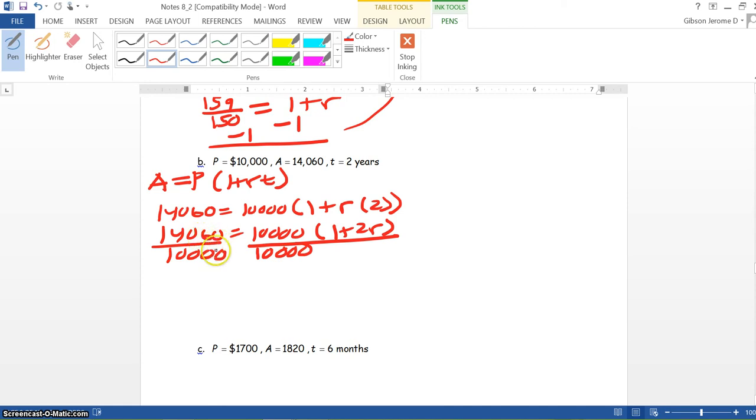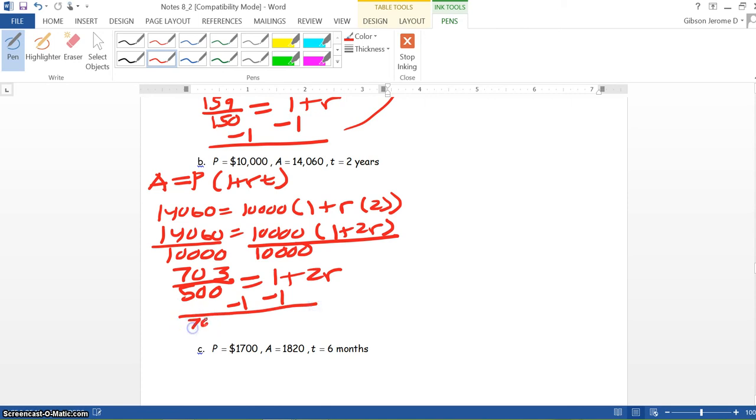Now, when we simplify 14,060 by 10,000, that would give us 703 over 500, because we could divide both of these by 20. These 10,000s will simplify out and leave 1 plus 2R. Now, we will subtract 1 on both sides, because remember, we're still trying to get R by itself.